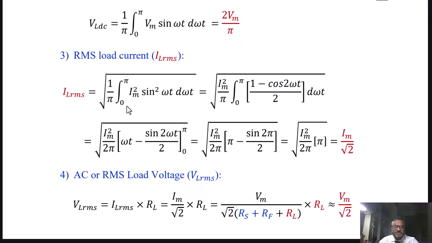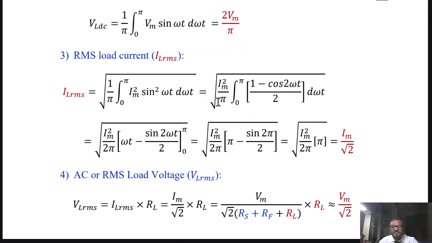And the average value is given by 1 by pi integral 0 to pi Im square sine square omega t d omega t. And the RMS value is the value under the radical sign as 1 by pi integral 0 to pi Im square sine square omega t d omega t raised to half.